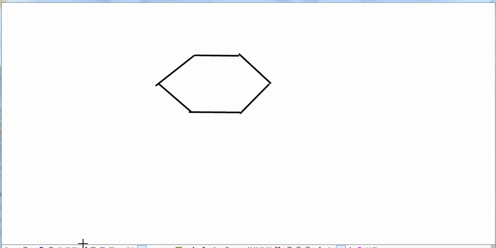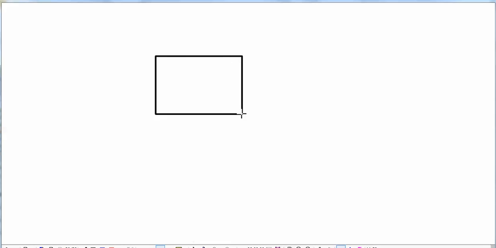That's not very good. That's 16, that's got to be 16. Square, right? It's got rotational symmetry, agreed?